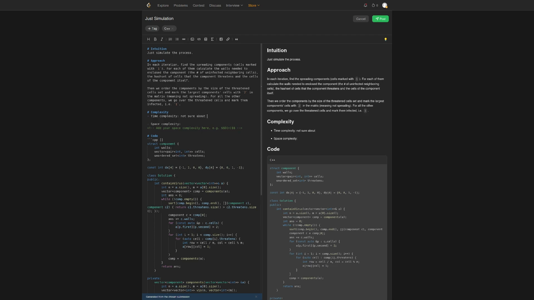I'm not sure about this one. O of, I mean, let's say you have half of the cells. No, that's not enough. Let's say I have some cells infected, and now when we're gonna run out, well, we do 4 cells.